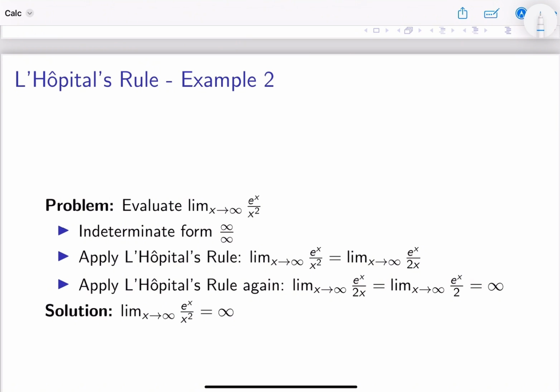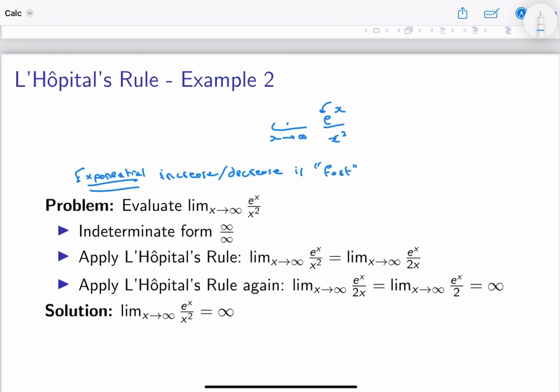So let's look at this example. We're interested in the limit as x goes to infinity of e to the x over x squared. If you remember, this is called the exponential function. And here's one thing that I want you to remember: exponential increase or decrease is, quote-unquote, fast.